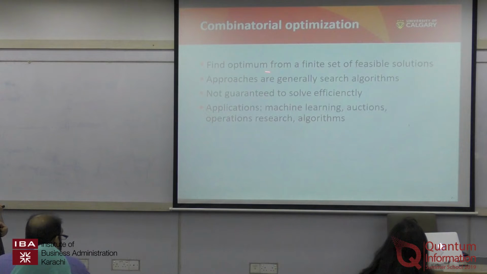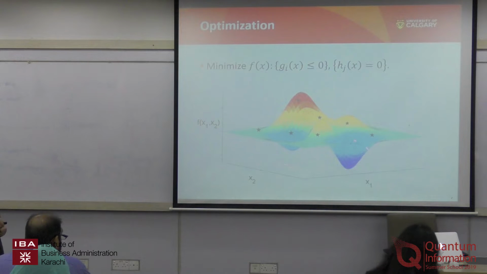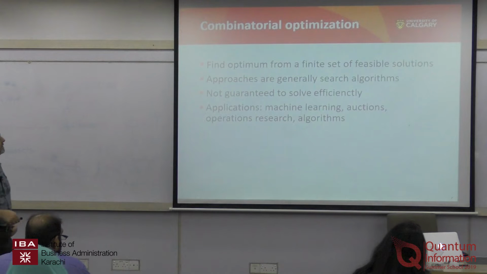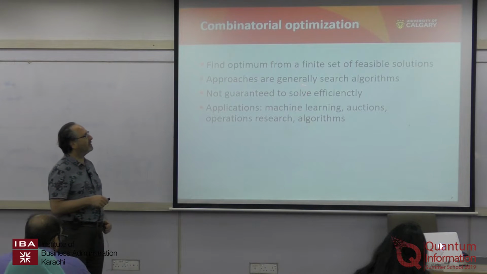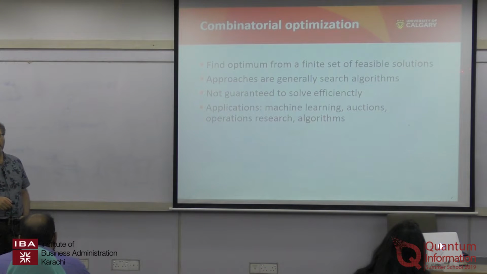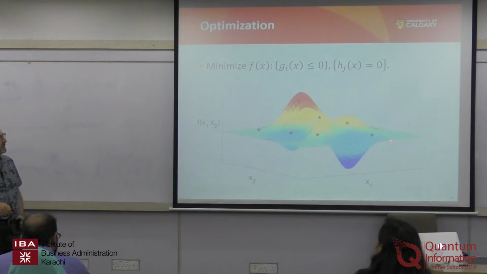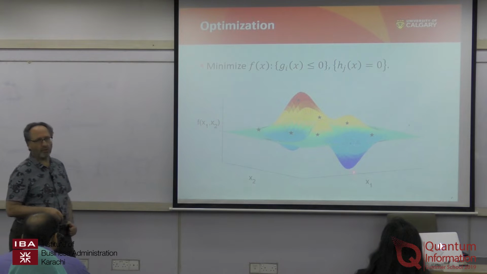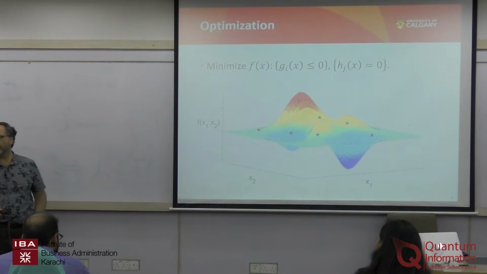So here we find the optimum from a finite set of feasible conditions. So what happens is we make a mesh with a finite number of valid states. Okay, then the methods almost always are search algorithms. So the way that we optimize is we search for solutions. So I tend to use the term agents.